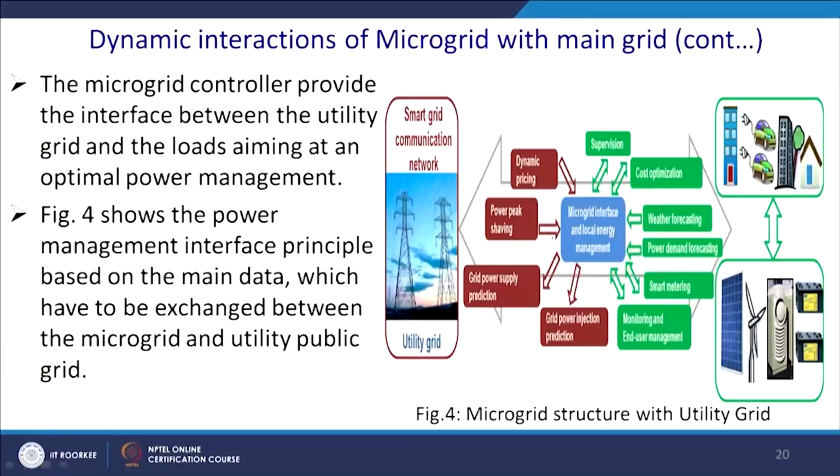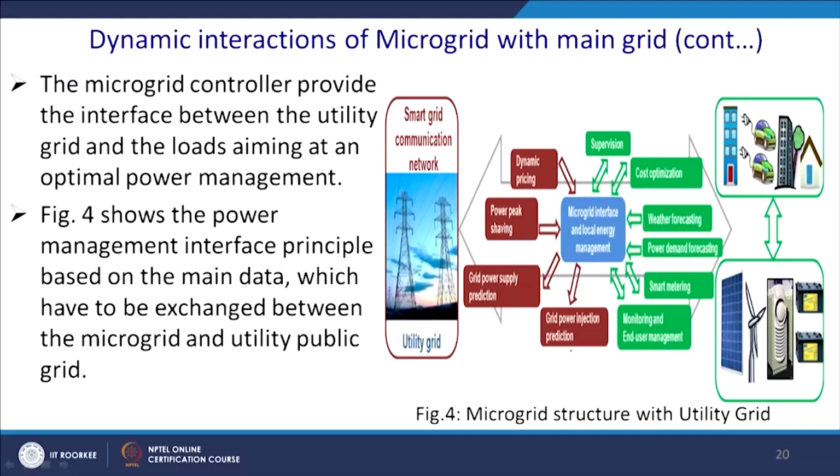And then this is the smart communication network, utility grid, and this is the microgrid, and you have supervision, you have dynamic pricing, you have peak load shaving, thereafter grid power supply prediction, all those, and ultimately the microgrid interface is the local energy management, cost optimization, weather forecasting, power demand forecasting, smart metering, monitored end users.